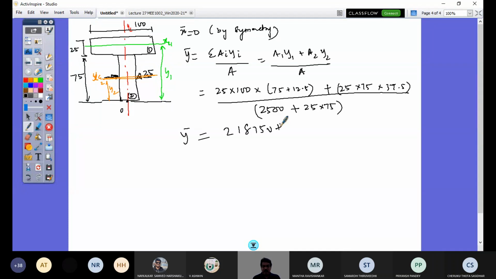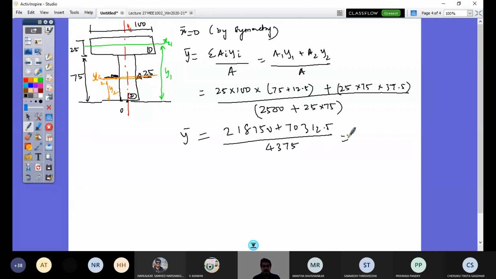25 into 75 into 37.5 is 70312.5, divided by 25 into 75 plus 2500, the total area, 4375.